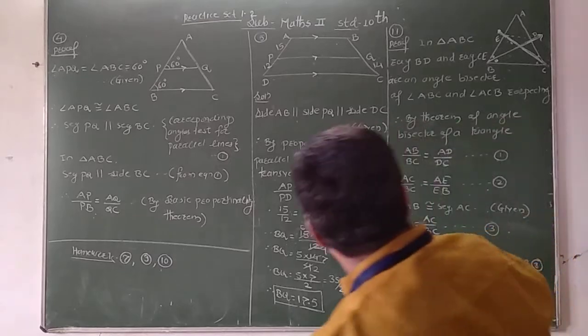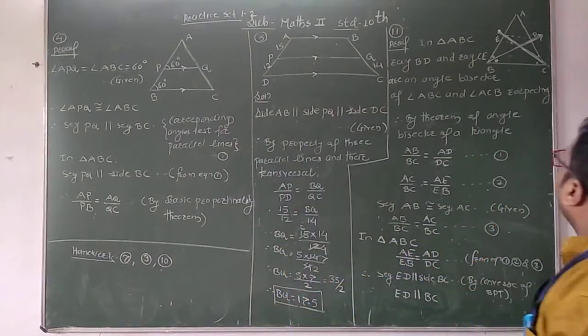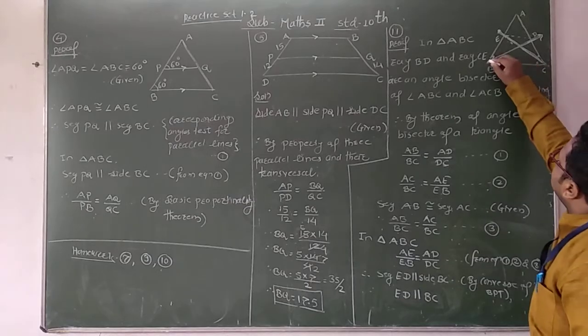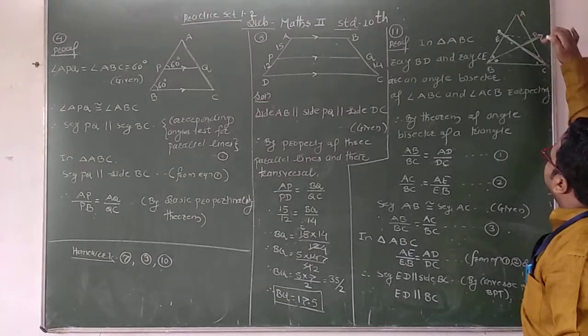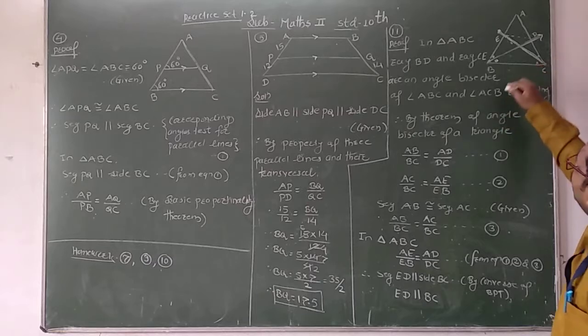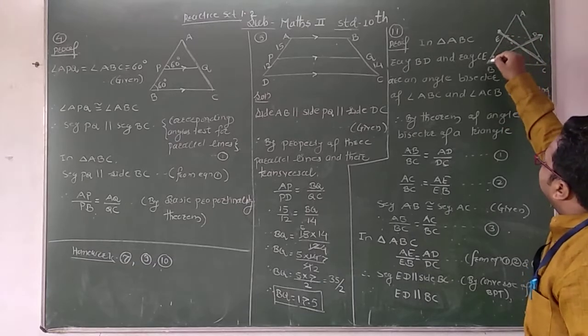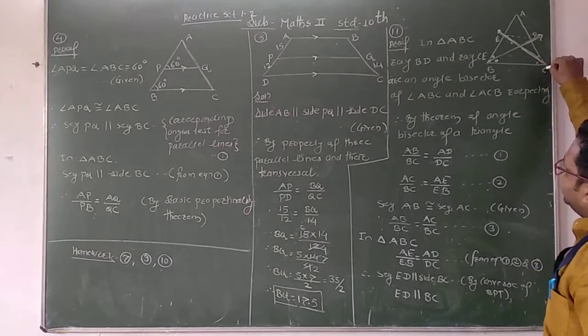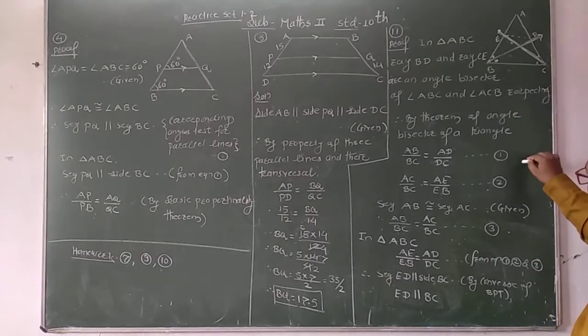Then by the theorem of angle bisector of a triangle, in triangle ABC, if BD is the angle bisector which divides the side AC, clear? Therefore, we write the ratio of the remaining two sides, that is AB upon BC, is equal to AD upon DC. Clear? This is equation number 1.